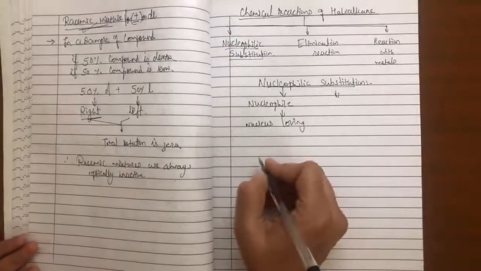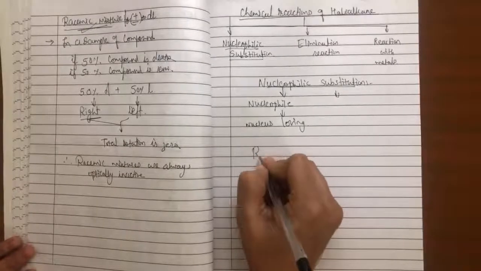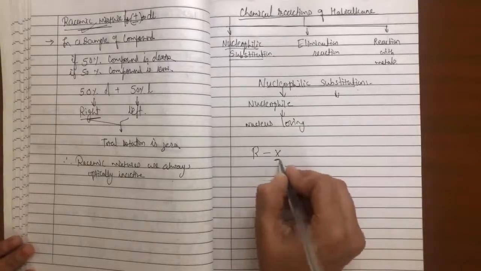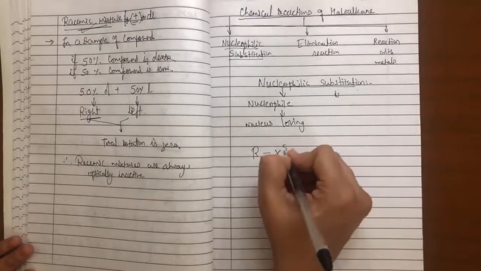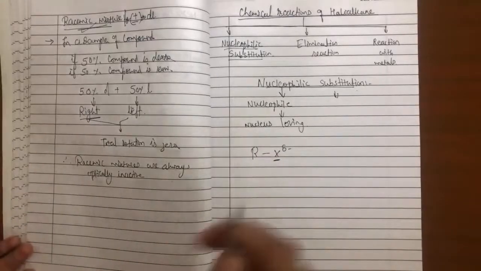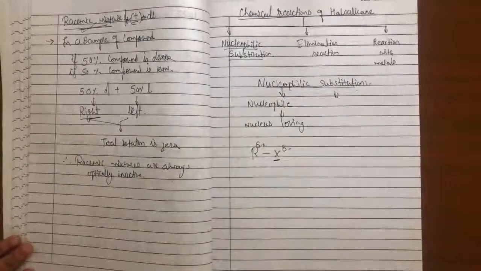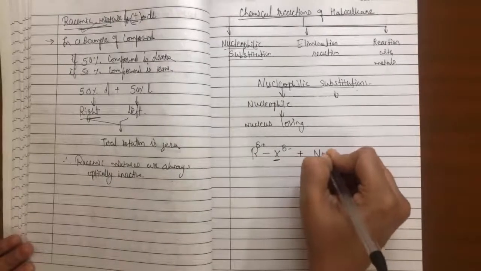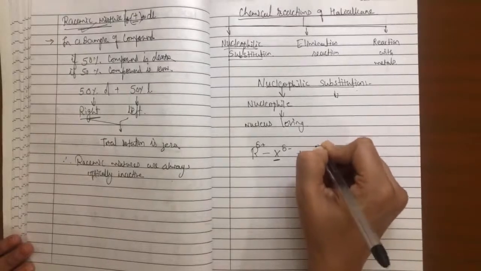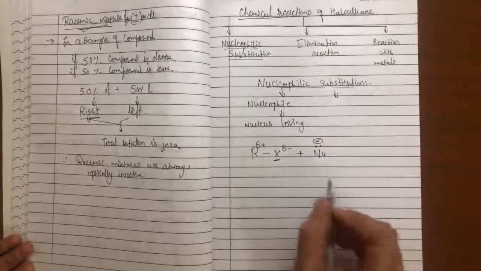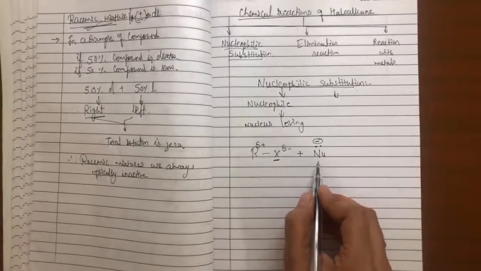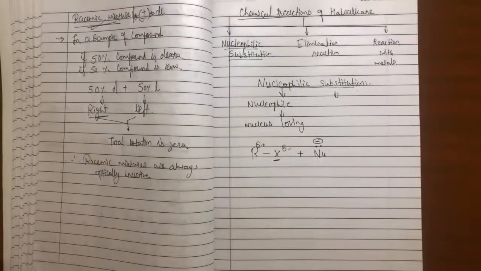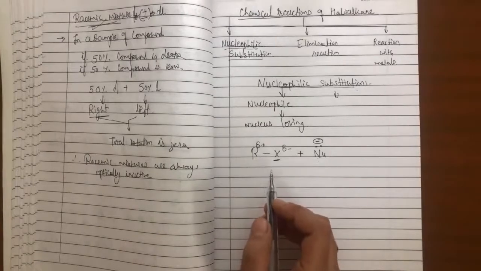Of course here we have to study haloalkane, whose general formula I write as RX. As halogen is more electronegative, here we have partial negative charge, while here partial positive charge is present. As this is nucleophilic substitution, we have to react haloalkane with a nucleophile. A nucleophile is itself negatively charged and has attraction towards positively charged ions. Now this R-X bond is already a polar bond.